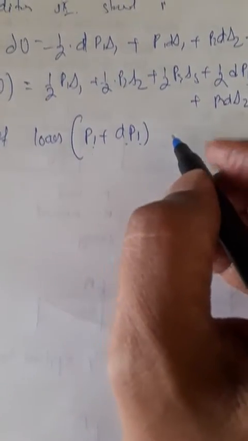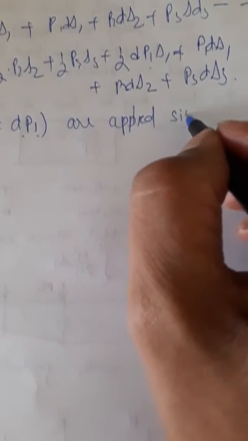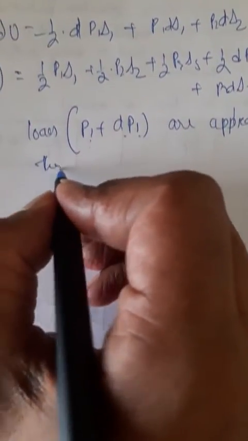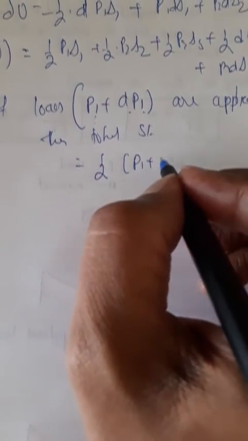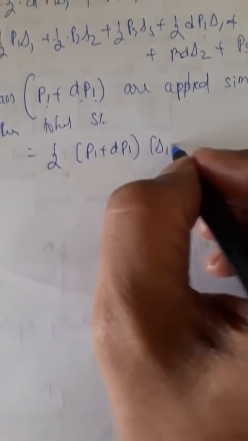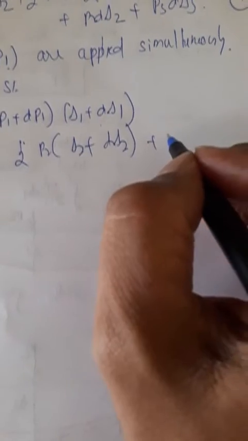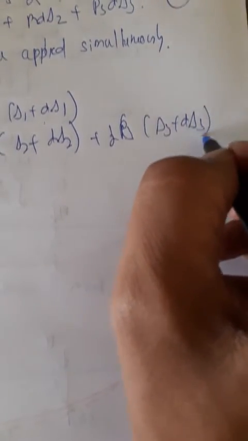Now, if loads P1 and d of P1 are applied simultaneously, that is at the same time, then the total strain energy is given by half P1 plus d of P1 times delta 1 plus d of delta 1, load into deflection, plus P2 times delta 2 plus d of delta 2 plus half P3 times delta 3 plus d of delta 3.